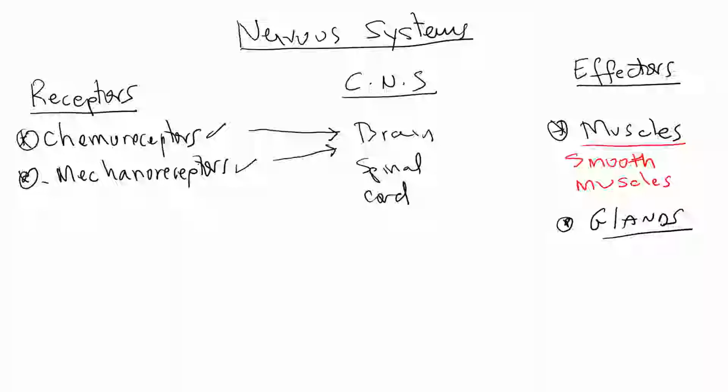In the case of glands, in the GI tract, we'll find digestive system glands, digestive enzymes glands, I should say, mucus secreting glands, buffer secreting glands.